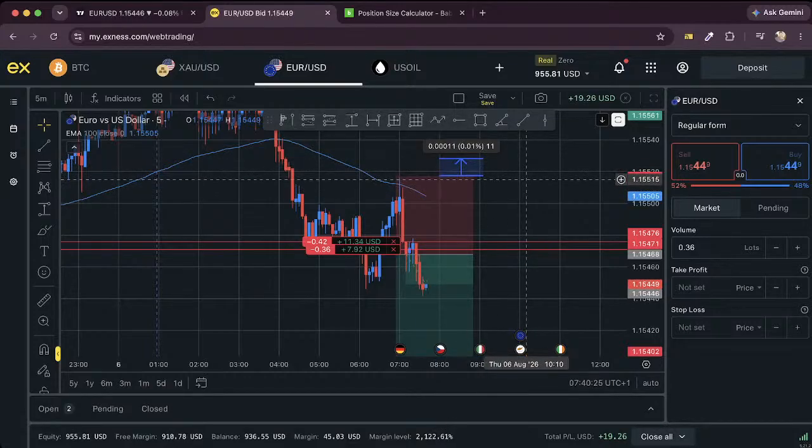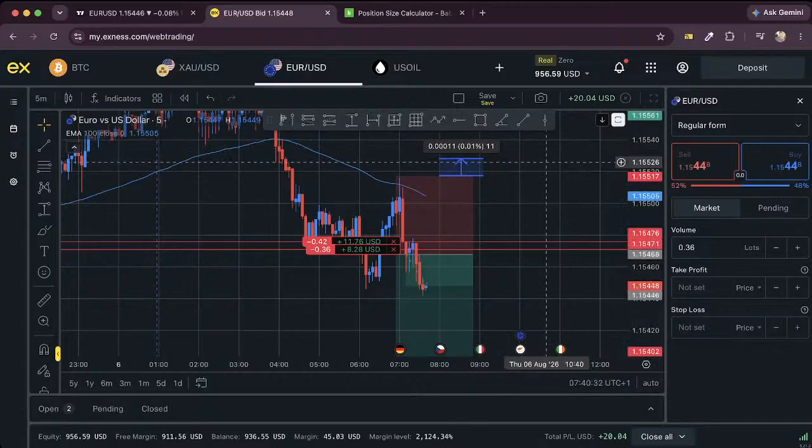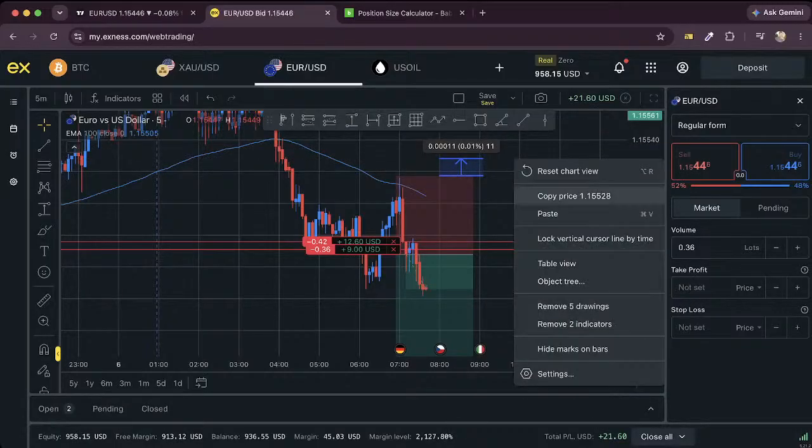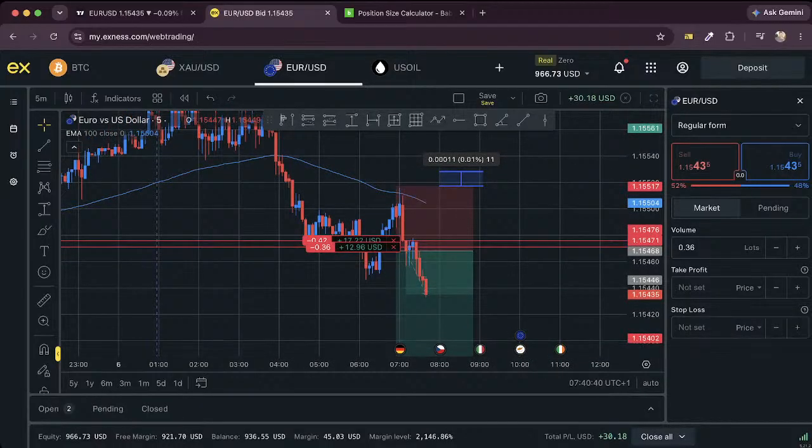So instead of picking your stop loss at the price in here, you can click, go to the dollar, copy the price and paste it in your stop loss. An example now would be my price.